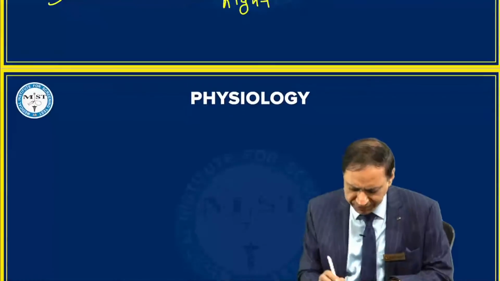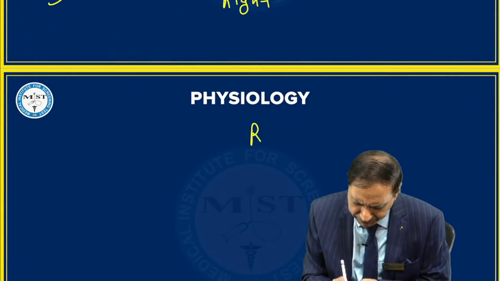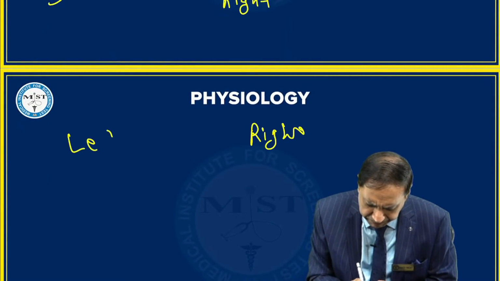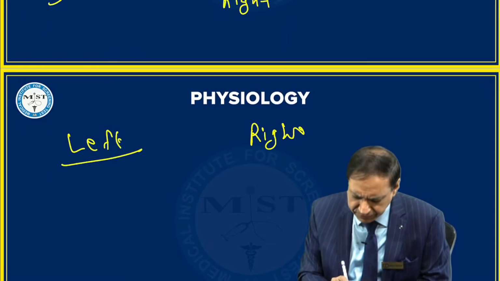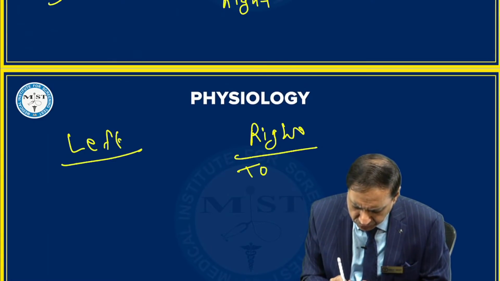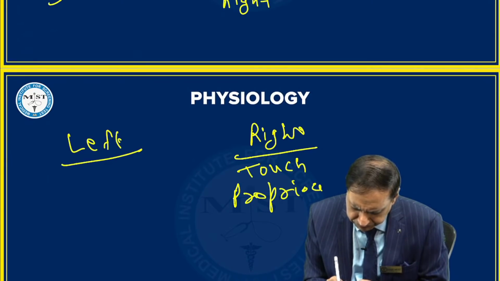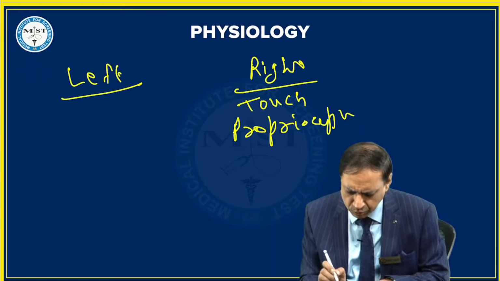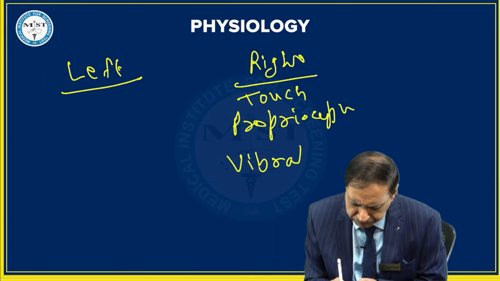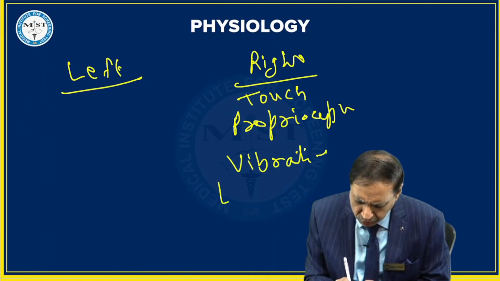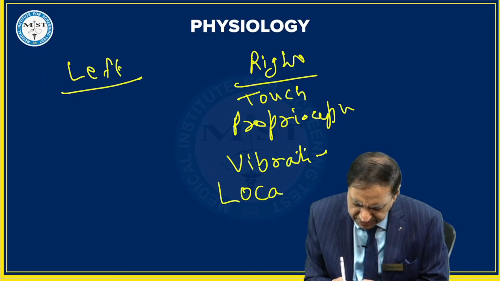So what will go in the right limb and what will go in the left limb? Brown-Sequard occurring on the right side. So in the right limb, touch will go. Proprioception will go. Vibration will go. Localization will go, fine localization.